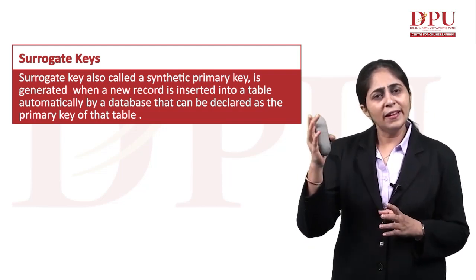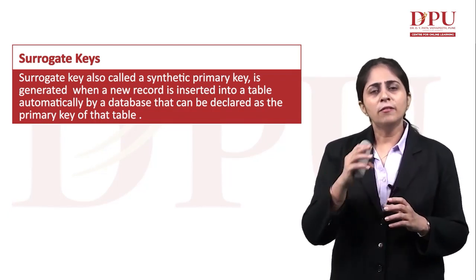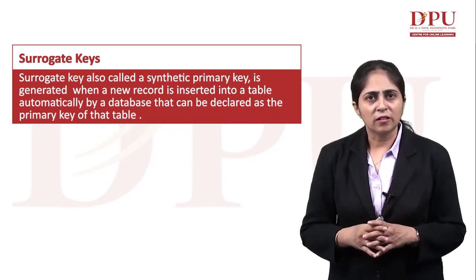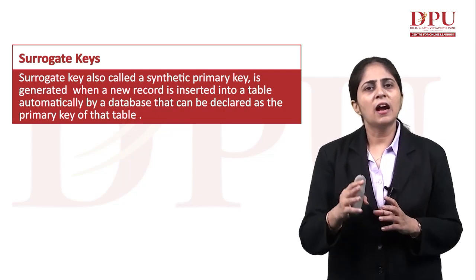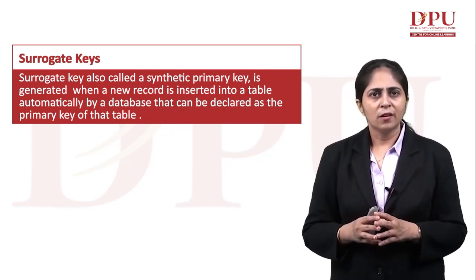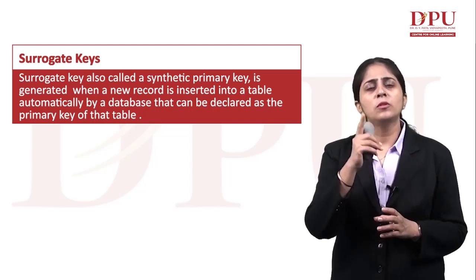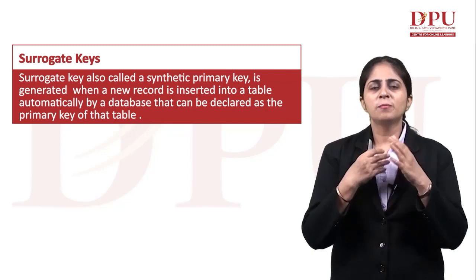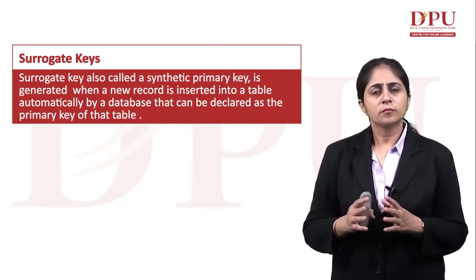Whenever any record has to be referred to, it can be referred to using the surrogate key, because it will uniquely identify a row in a table. But this particular surrogate key will not be visible to the user or to the application. It will only be used by our database for referring to the data.